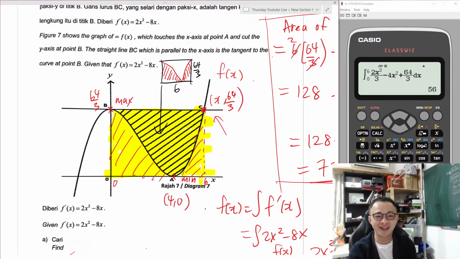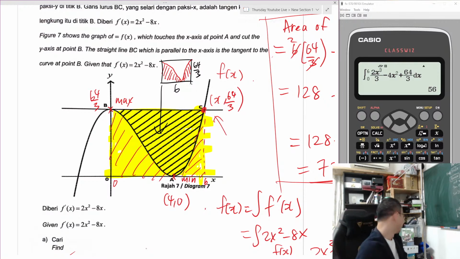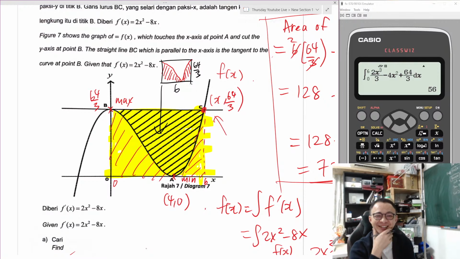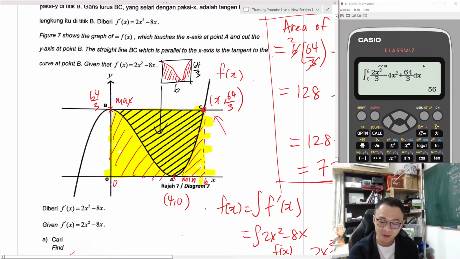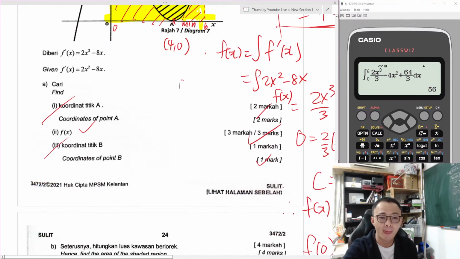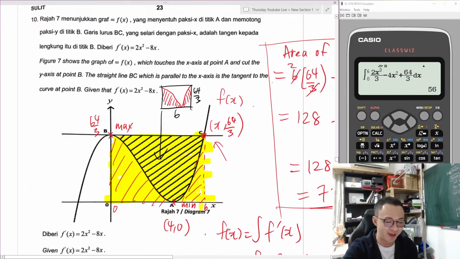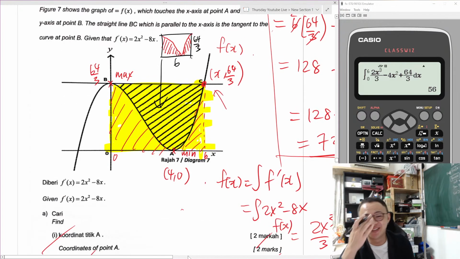Why have the key behind there? What key? What key behind? Where's the key? Alright, so let's move on to the next one. So can you repeat? Which part you want to repeat? I'm not going to repeat the whole question. Or you just tell me which part you don't understand.